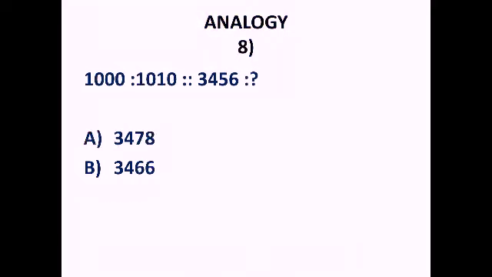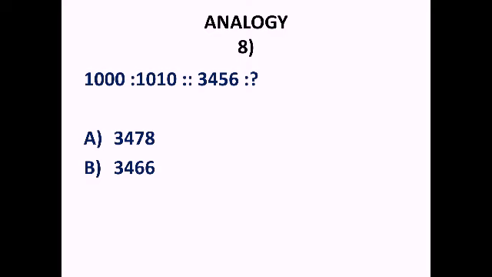4,567. Now, look at this question. 1,000 is given and 1,010 is given in the first set. And in the second set, 3,456 is given and a question mark. Now, how will you get 1,010 from 1,000? This is what you have to first find out. Between these, how can they be related?